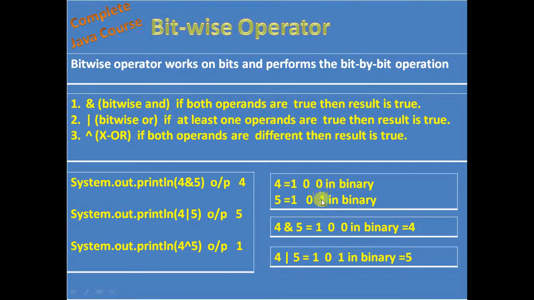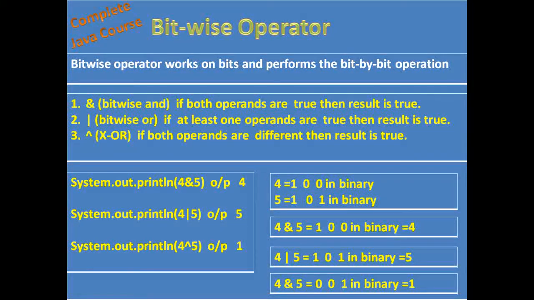So for the OR operator, 0 and 1 is 1, 0 and 0 is 0, and 1 and 1 is 1. This is the binary representation of 4 OR 5. If you convert this binary into a decimal number, it will be 5. So the result of 4 bitwise OR 5 is 5.